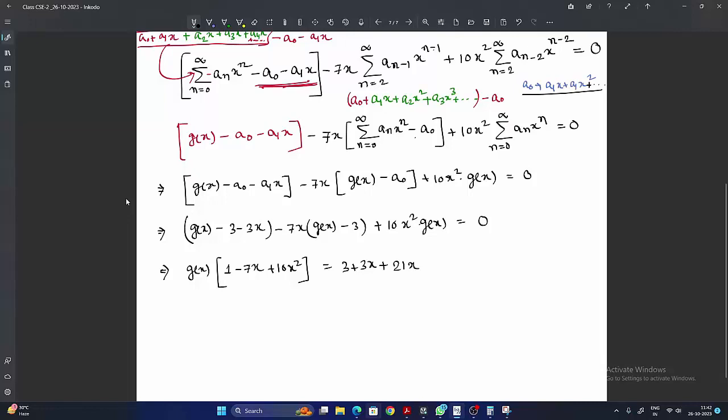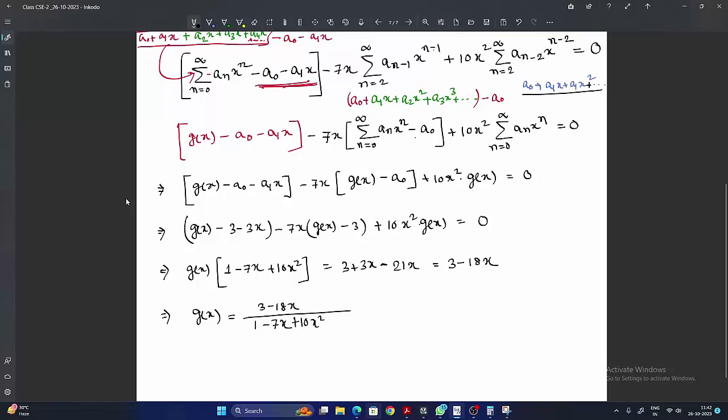21x. Okay, so that means plus means in the right hand side it will be minus 21x. So it will be 3 minus 18x, or g of x will be 3 minus 18x by 1 minus 7 of x plus 10x squared.